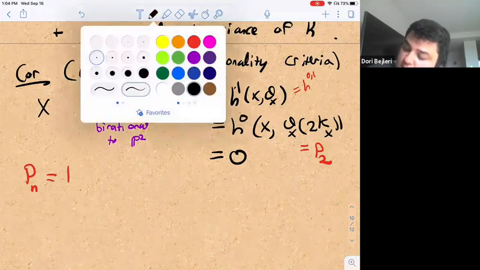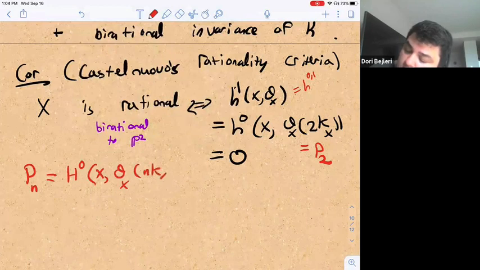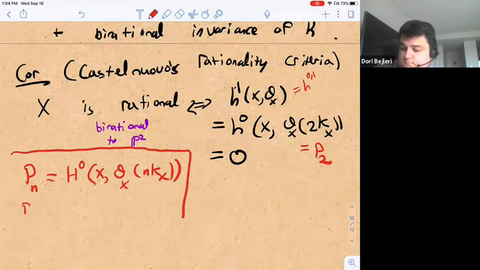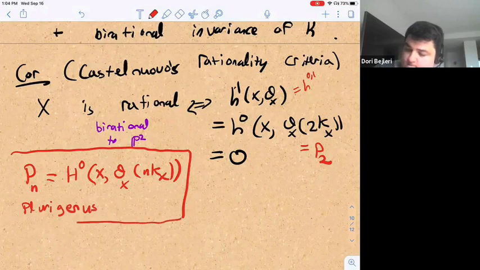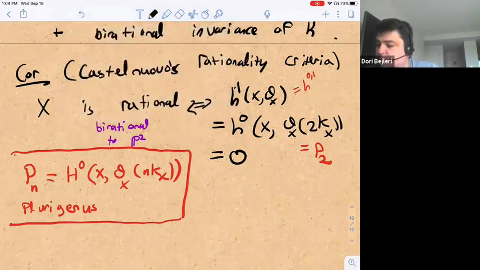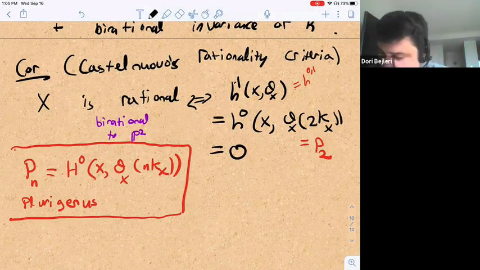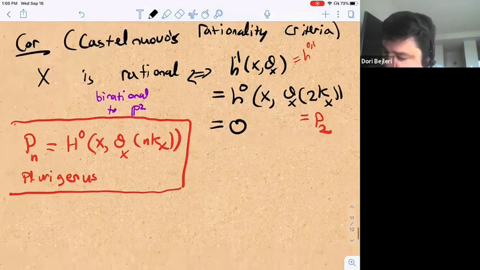These plurigenera are the global sections of powers of the canonical, generalizing how for a curve, H0 of O of the canonical is the geometric genus. Okay, so that's the rationality criterion, and once you know MMP for surfaces, it's actually not so difficult. So I'll sketch it.